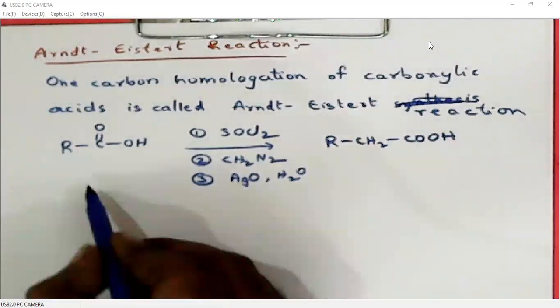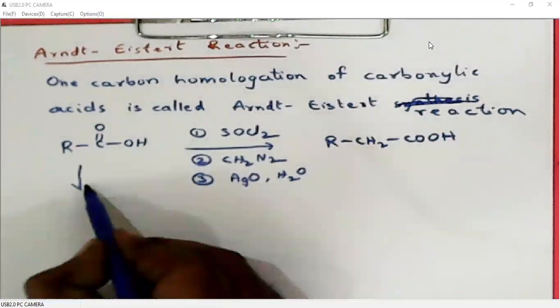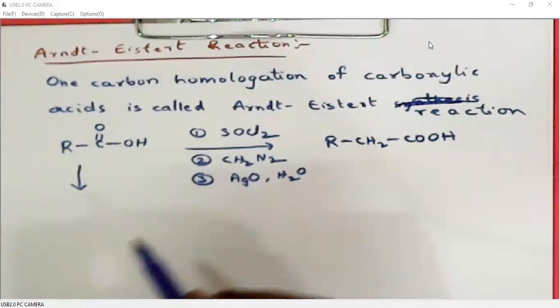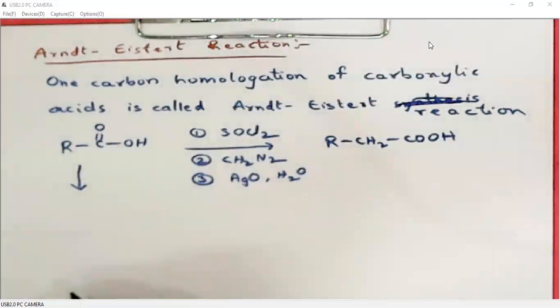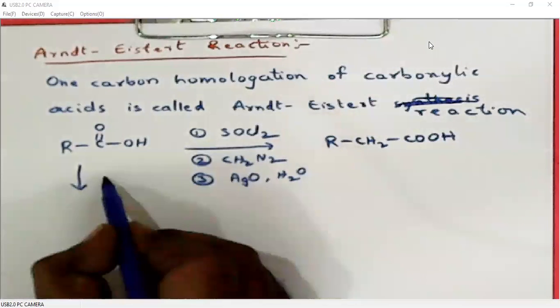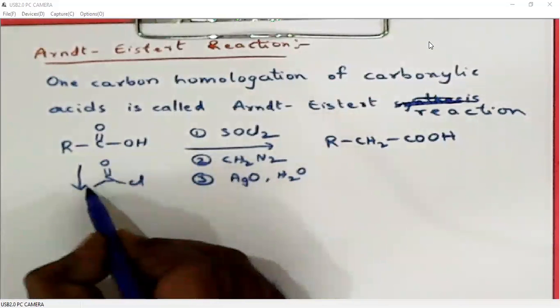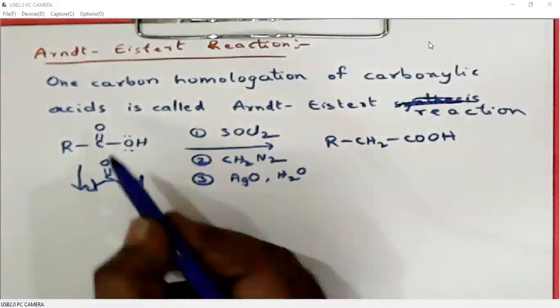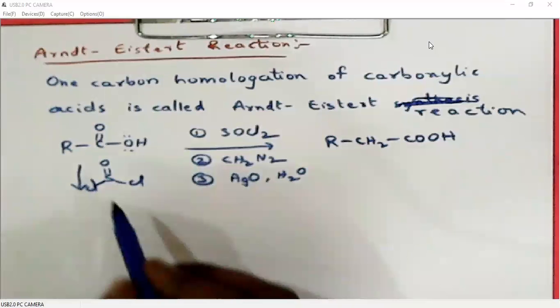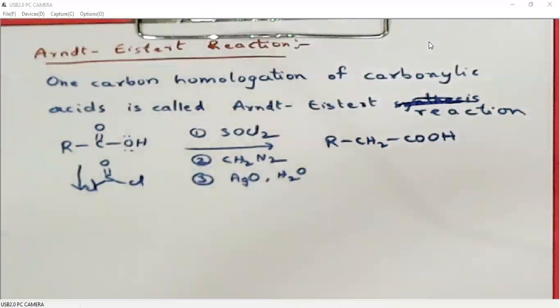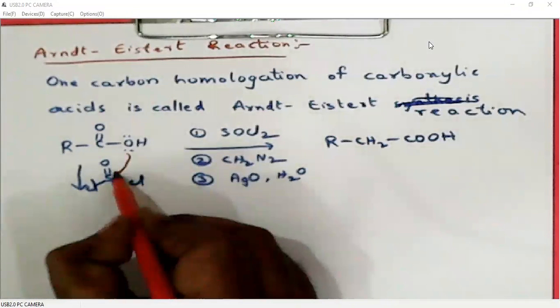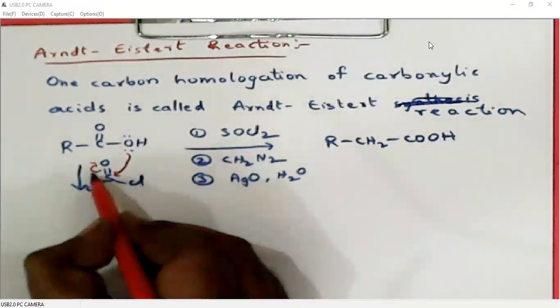Now we will see some of the mechanistic steps involved in these reactions. When it is treated with thionyl chloride, OH will attack on sulfur. Then this sulfur double bond oxygen will break down.